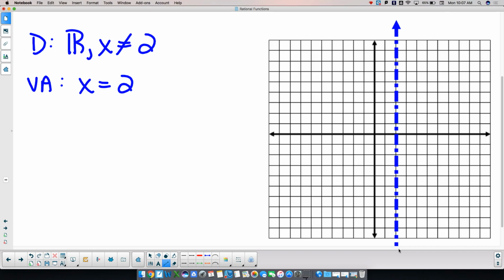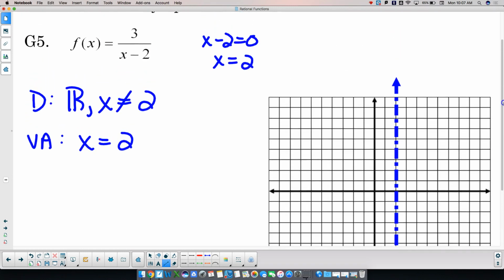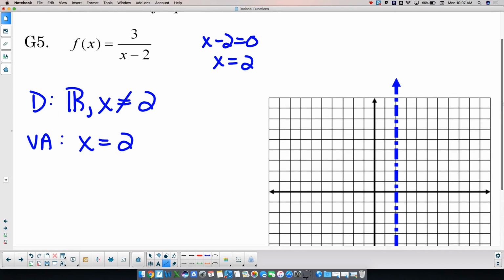Find the horizontal asymptote. How do I go about finding the horizontal asymptote? Compare what on the top and what on the bottom? The degrees. What's the degree? Not the exponent, the biggest exponent.